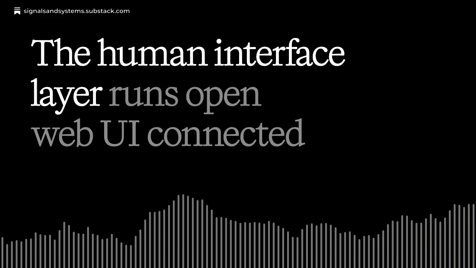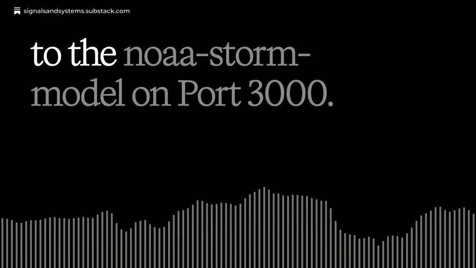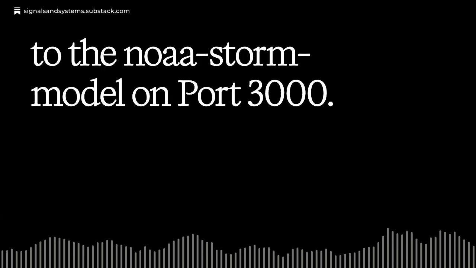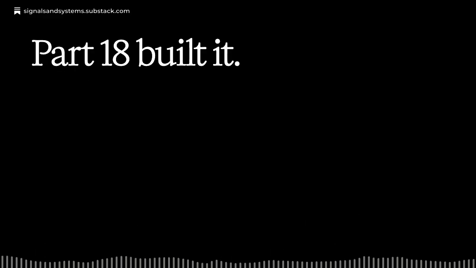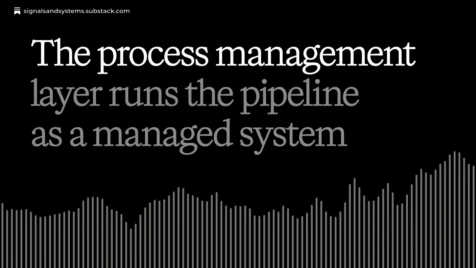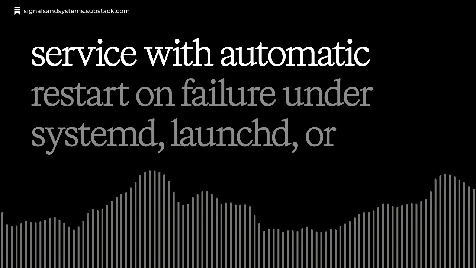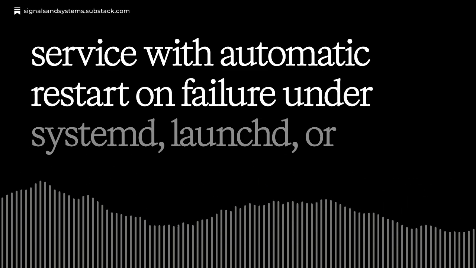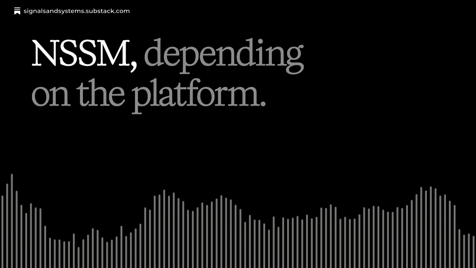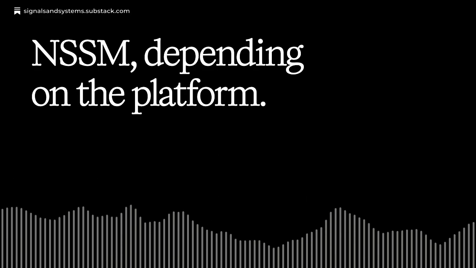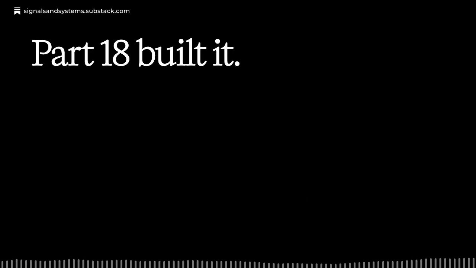The human interface layer runs Open WebUI connected to the NOAA Storm model on port 3000. Part 18 built it. The process management layer runs the pipeline as a managed system service with automatic restart on failure under systemd, launchd, and NSSM, depending on the platform. Part 18 built it.